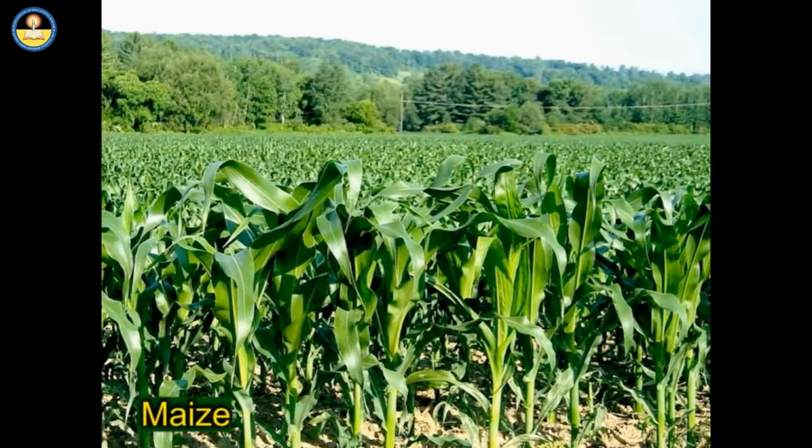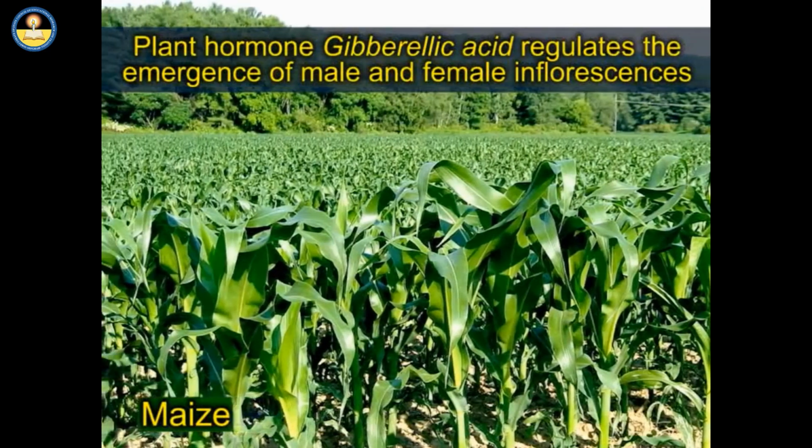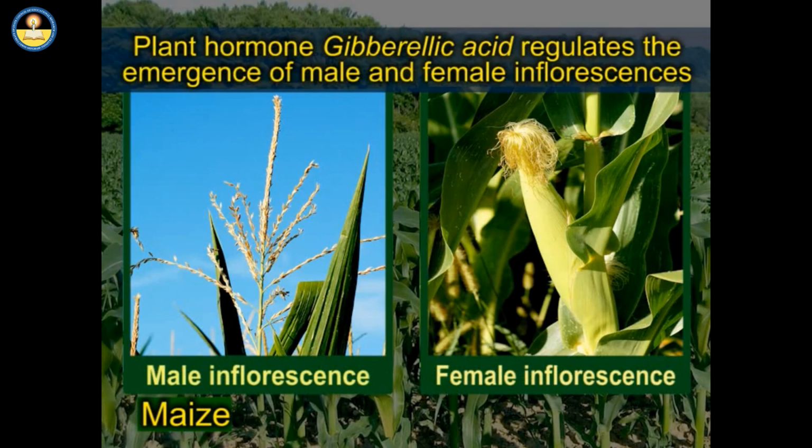In maize also, plant hormone gibberellic acid regulates the emergence of the male and female inflorescences. Hormone gradients in these species are genetically determined by 2 or 3 different genetic loci.